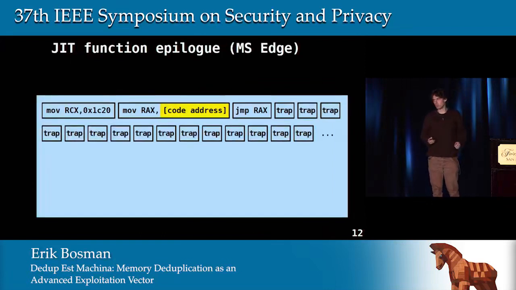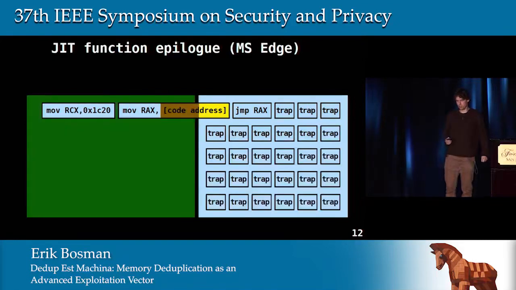So for our browser attack, we use the first method of controlling the alignment. We make use of the compiled JIT function epilogue in Microsoft Edge. And because we control the function, we can create functions which are just slightly larger than one page, so that the function epilogue is on the border of a page, and then some of the functions will have the code address which is in the function epilogue.